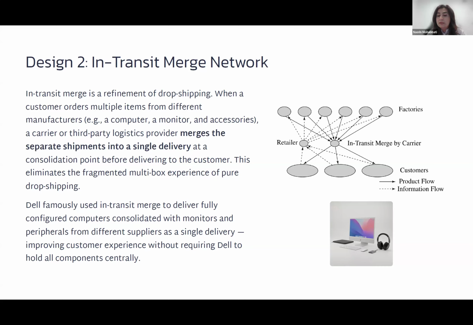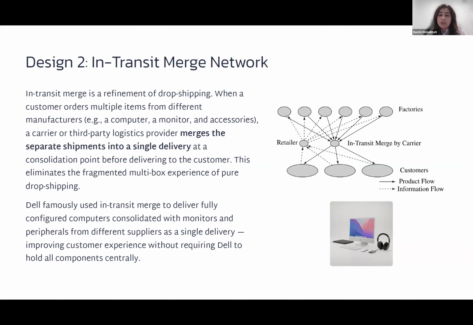But what happens is that usually they work with a third party, such as UPS or FedEx, and UPS and FedEx do have hubs in certain locations. So if different manufacturers are sending multiple packages to the same customer, all the packages go into that hub, the in-transit location, and then they are merged into one single package and delivered to the customer.